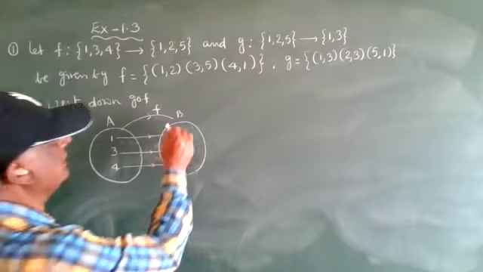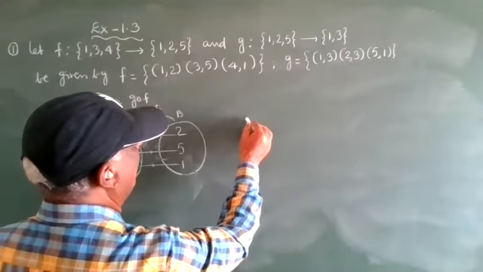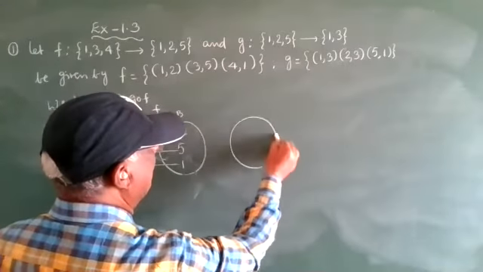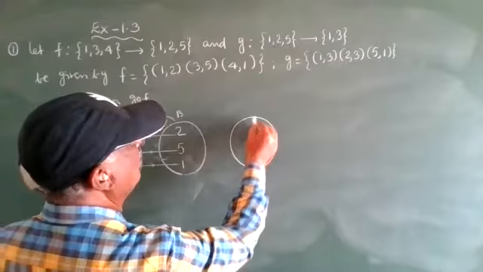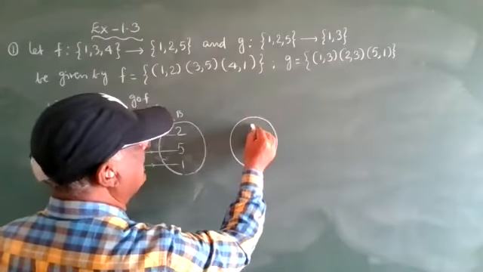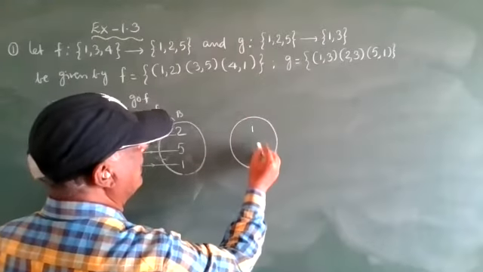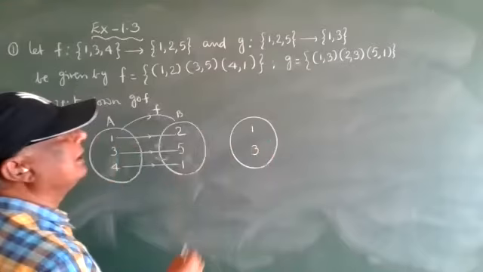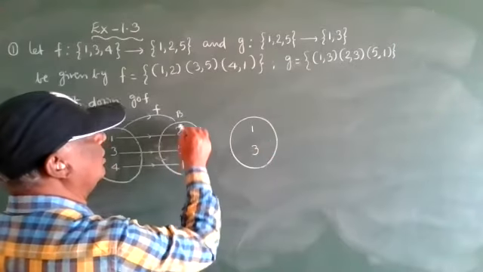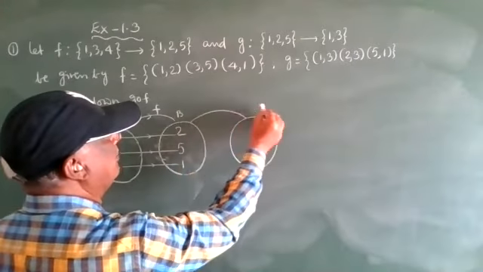Next, one more set is given. What is the codomain? Only 1, 3 is given. The domain is the same, 1, 2, 5. This is the B set.